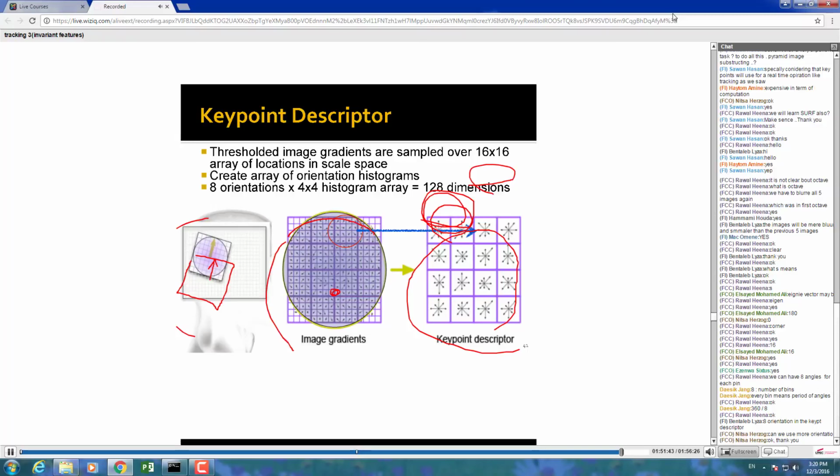In that sense, it means you are describing the feature in more detail. But using fewer orientations, it is getting coarser, right? Any other question?